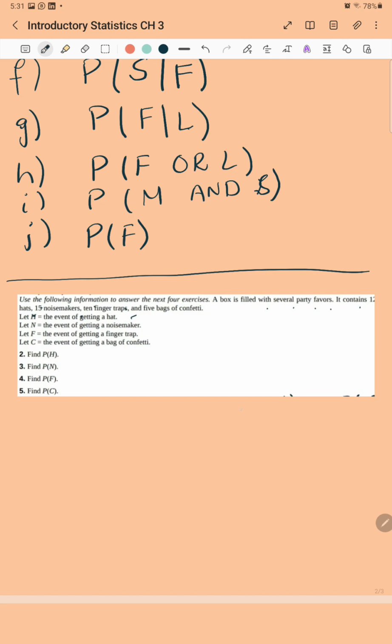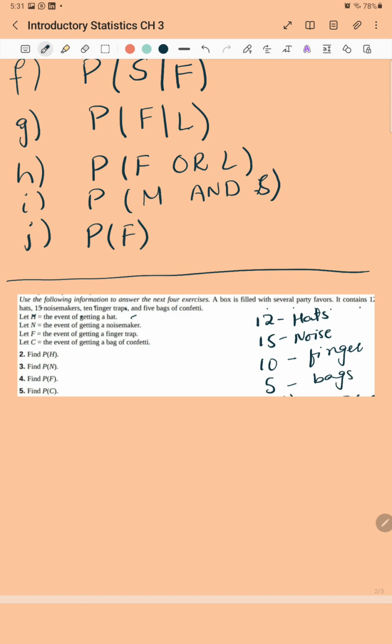It contains 12 hats. So there are 12 hats, 15 noise makers, 10 finger traps, and 5 bags of coffee tea. So these are all the things that are given.